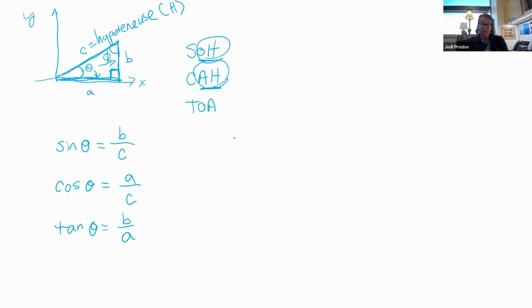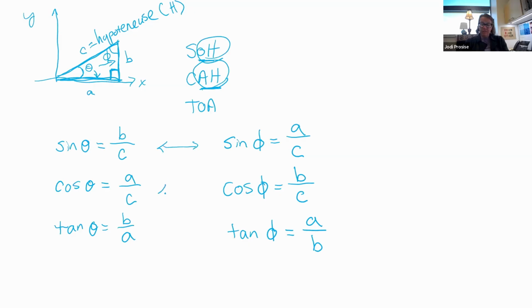So if we are doing the sine of phi, we're going to use the opposite, which is A, and the hypotenuse, which is C. Or if we use the cosine of phi, we will use the adjacent over C, and then the tangent of phi is equal to the opposite, which is A, over the adjacent, which is B. So you'll notice that these look different even though they're using sine and cosine.